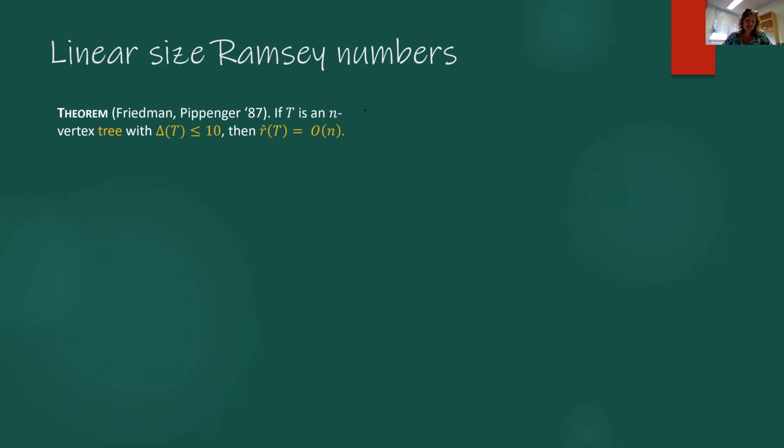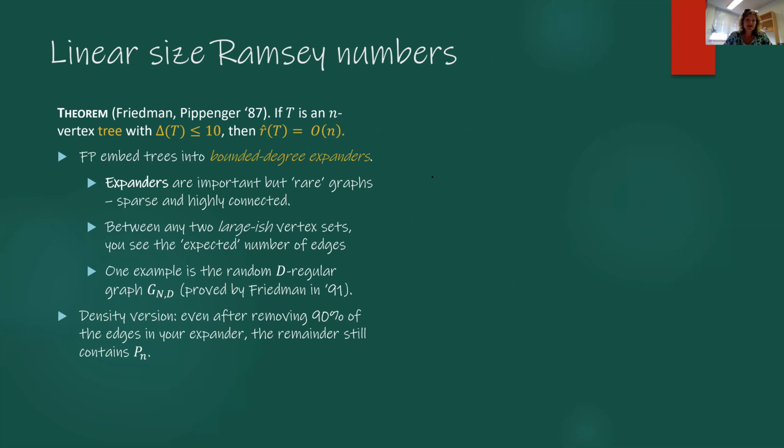Friedman and Pippenger showed that bounded degree trees have a linear size Ramsey number. Here bounded degree means degree at most 10. So for instance, binary trees. And this is a very important paper because their host graph is a so-called expander. Expanders are very rare and very powerful classes of graphs that appear all over computer science and number theory.